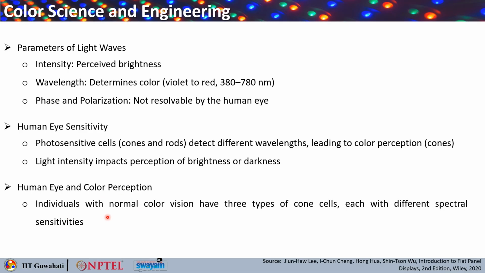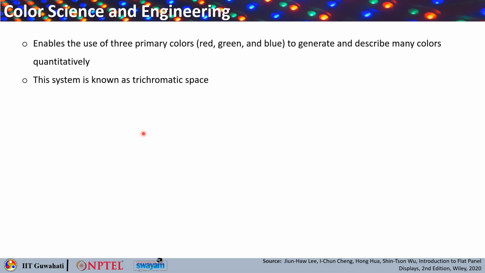Now, for the human eye, when you want to find out what color something is, typically any human with normal color vision will have three types of cone cells, each with different spectral sensitivity. That enables the use of three primary colors, that is red, green and blue, to generate and describe many other colors quantitatively. This kind of three color system is called trichromatic space.